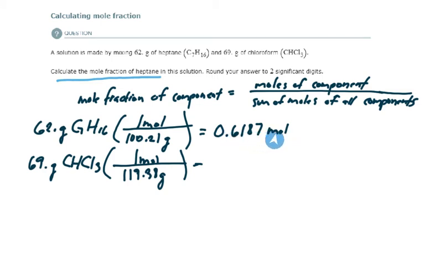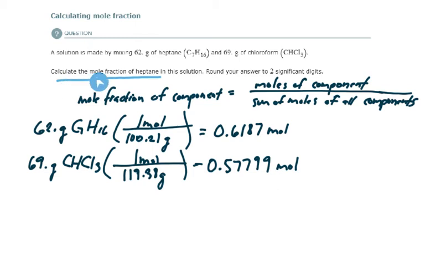I usually carry out to 4 or 5 decimal places. And then if I take 69 and divide by 119.38, I get 0.57799 moles. So in this solution, I have this many moles of heptane and this many moles of chloroform.